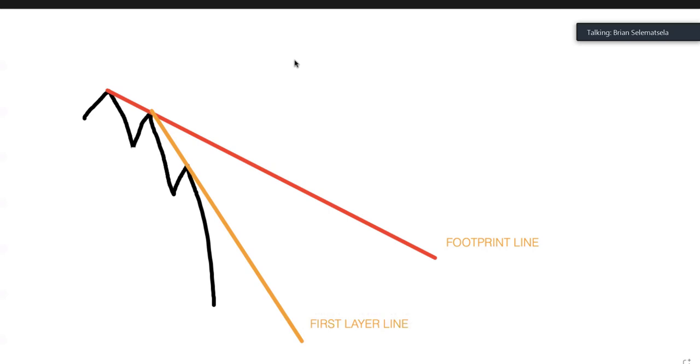The way we go about the strategy is that we normally wait for the market to break the first layer line.